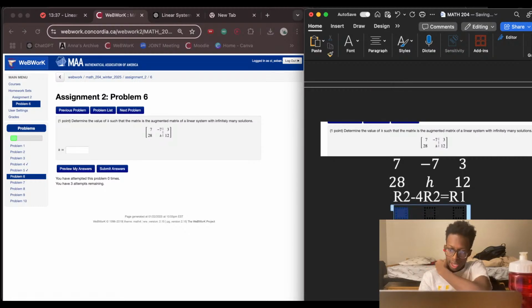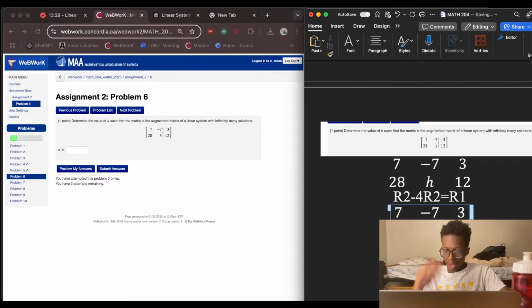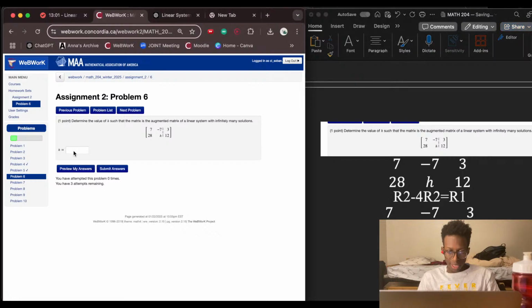So then you have 7 minus 7, 3, and then on the other side you have negative 0, negative 7, h minus negative 28, and then 0 here, and so h just has to be 28.